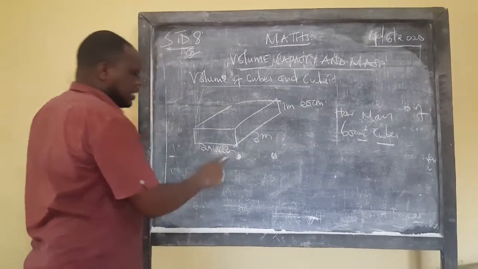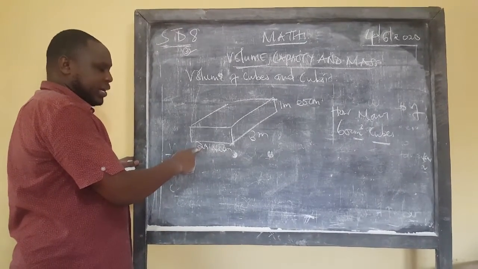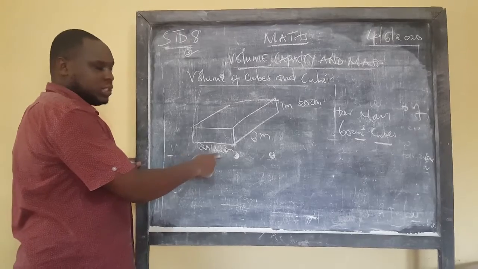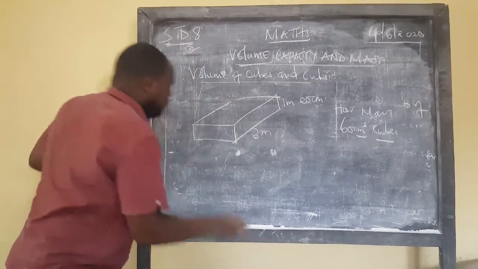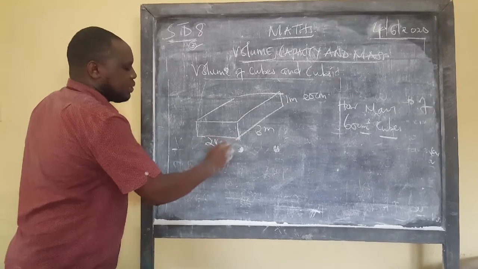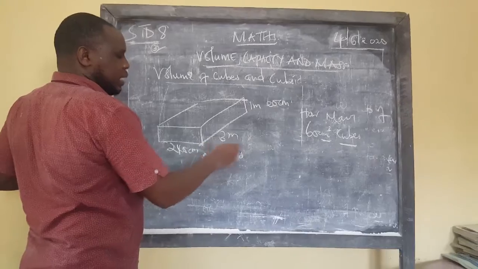So this is 2 meters 40 centimeters. 2 meters times 100, you get 200 centimeters plus 40. So in this case, our width is going to appear as 240 centimeters. Remember, we are changing. This is 3 meters times 100.